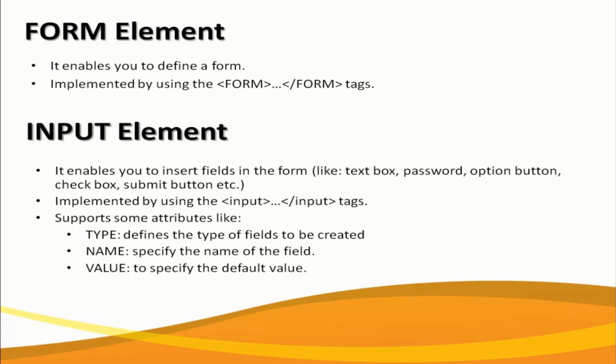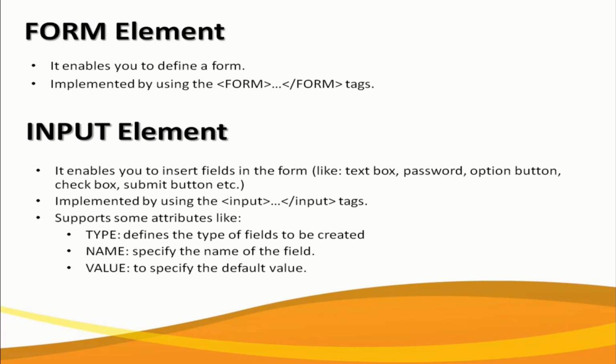It supports some attributes like type, which defines the type of the field to be created, like text box or password or button or something else. Next is the name attribute, which specifies the name of the field. And the third one is value, which is used to specify the default value for a text field or password.